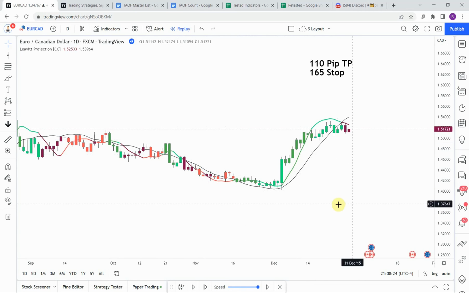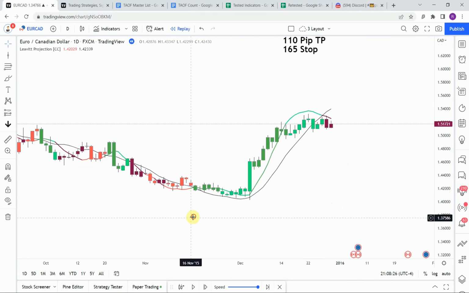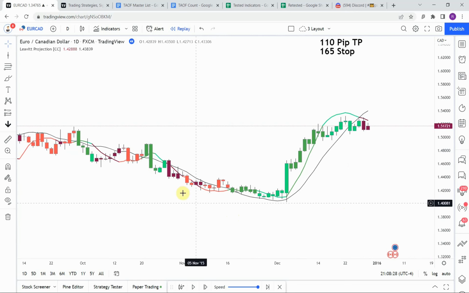A lot of the times we will see just a basic cross, but in this particular case there's like another layer added onto that, and you can see that by the bar coloration. The bar coloration has 4 different colors: a dark green, a light green, a dark purple maroon, and then a red color.